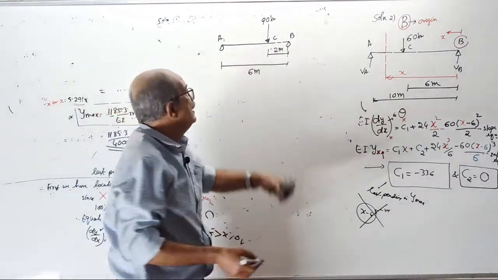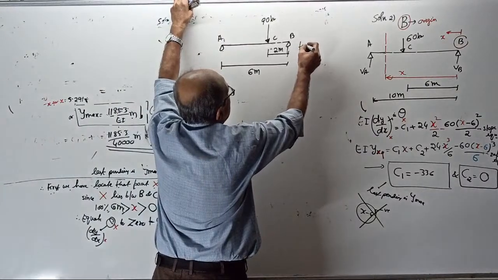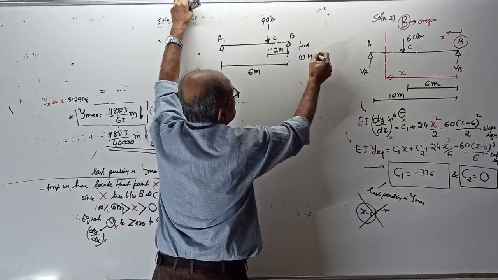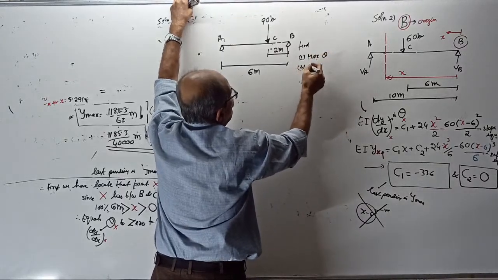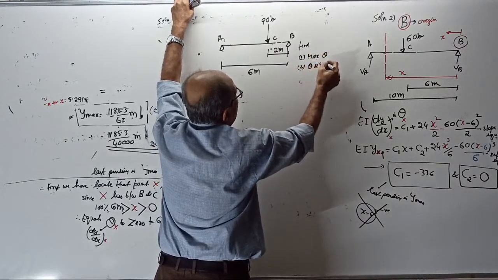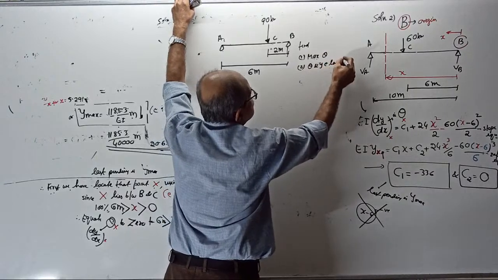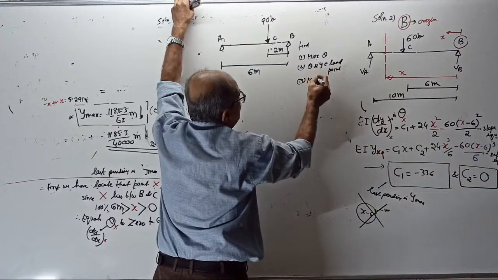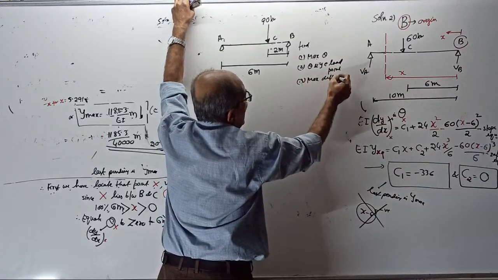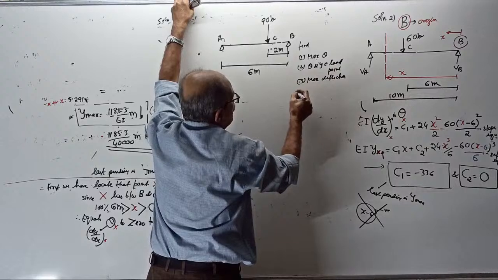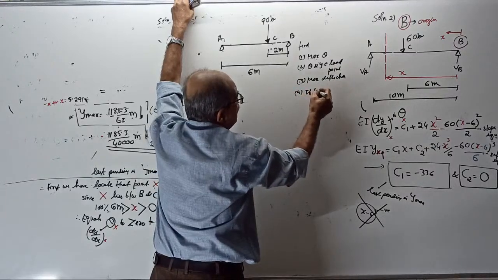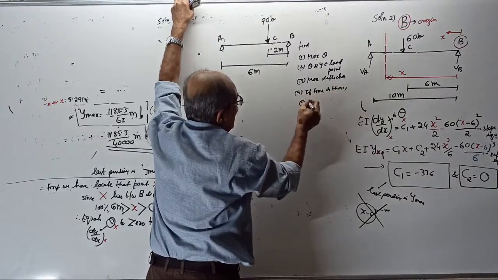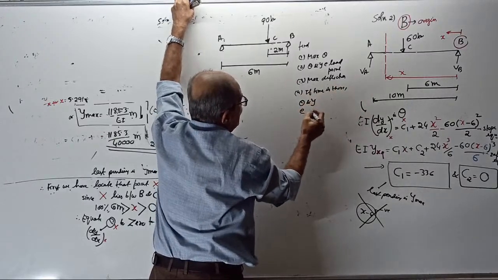Don't waste time. Okay, start. Find: 1, maximum theta. 2, theta and Y at load point. 3, maximum deflection. 4, if time is there, theta and Y at 2 points.